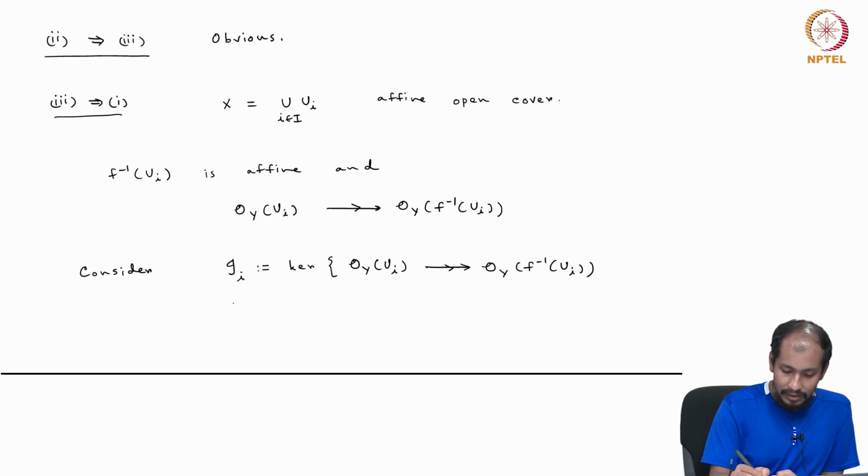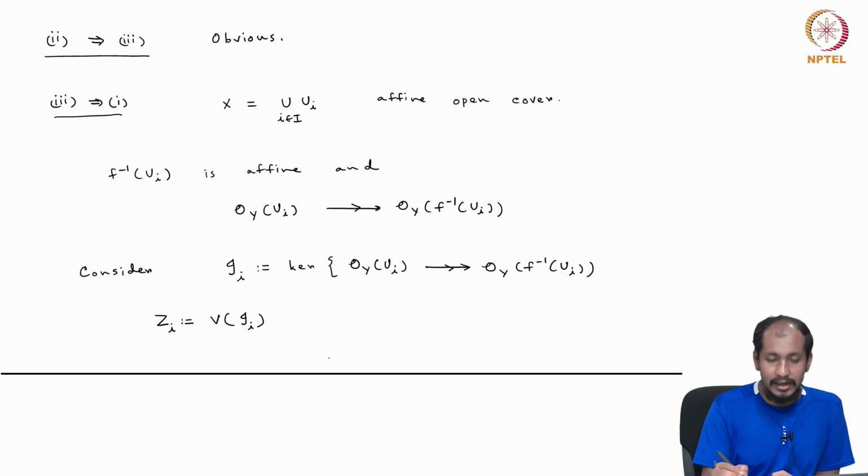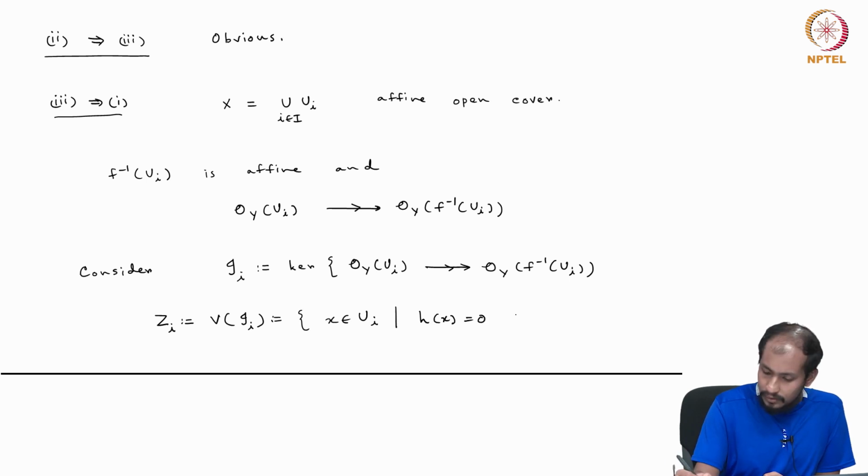So now define Z_i to be V of this ideal, which is nothing but the zero set: all the points inside U_i such that h(x) equals 0 for all h inside this ideal.